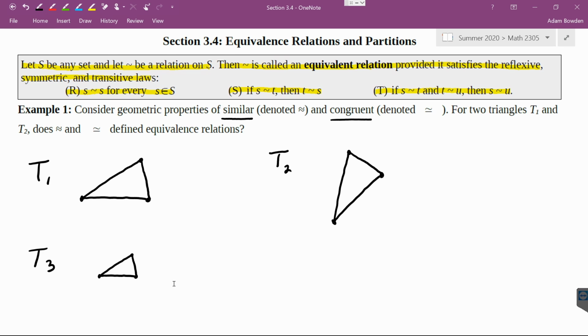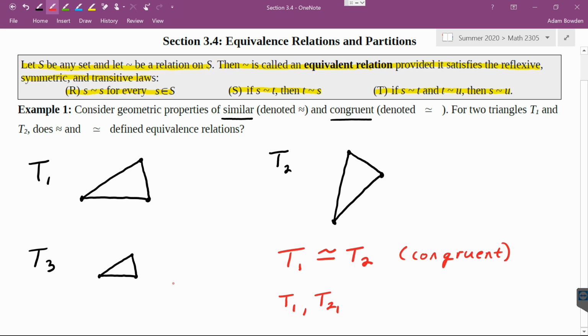And then let's say triangle 3 is basically a smaller version of the two triangles from above. So what we're setting up here is that triangle 1 is congruent to triangle 2, since the lengths of corresponding sides are the same. Also, triangle 1, triangle 2, and triangle 3 are similar.